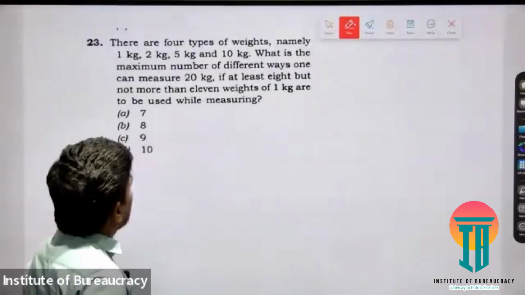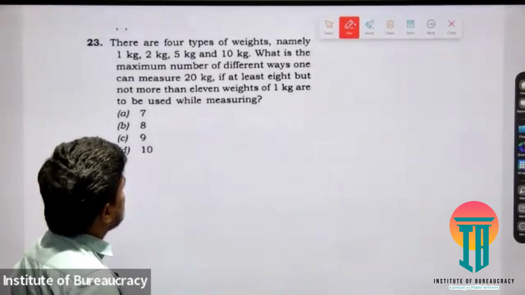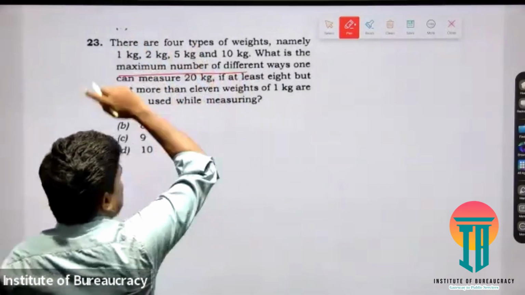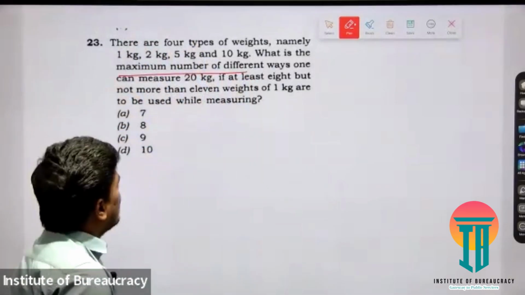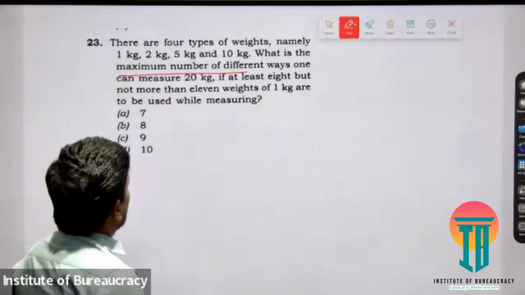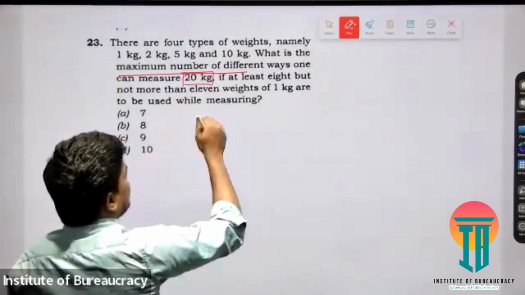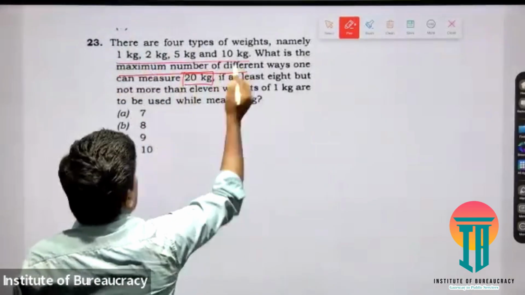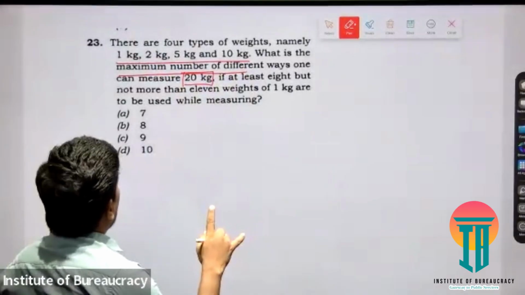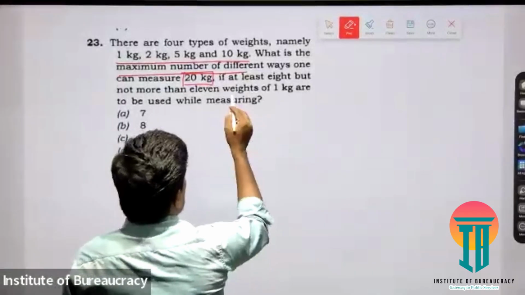The next one. There are 4 types of weights, namely 1, 2, 5, 10 kgs. What is the maximum number of different ways one can measure 20 kg? The previous question was minimum number. Here, maximum number of different ways. You need to measure 20 kg using these weights, if at least 8 but not more than 11 weights of 1 kg are to be used.